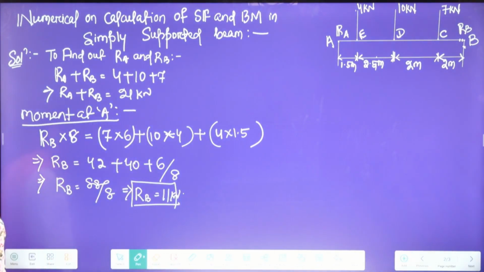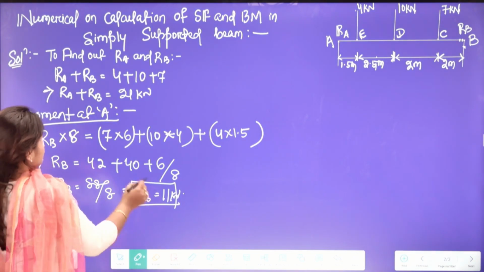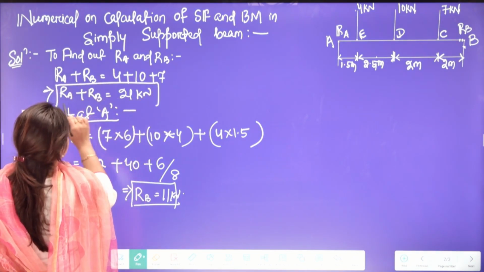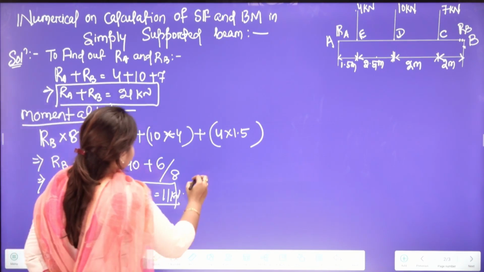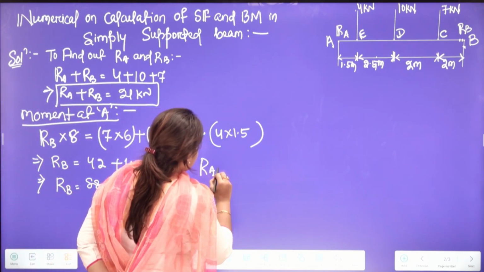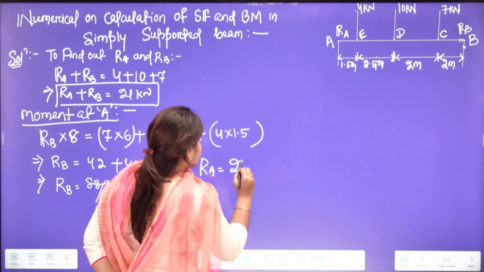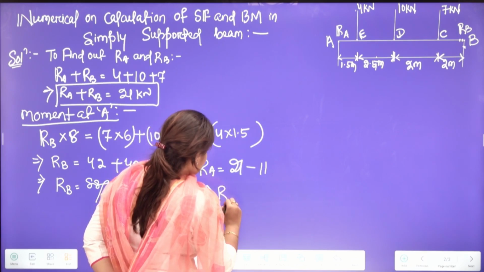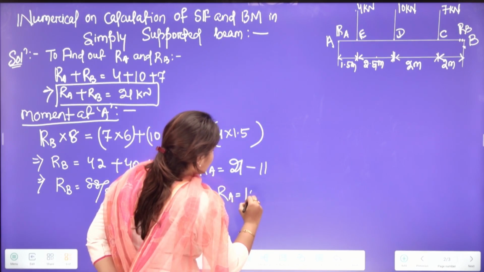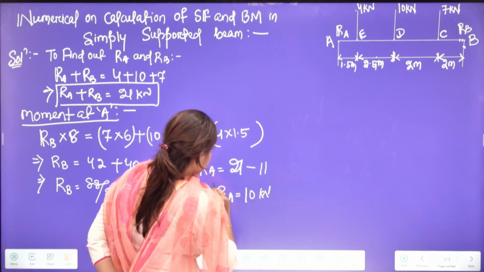If we put this value here, we can find the RA value. RA is equal to 21 minus 11, that is RA equal to 10 kilonewton.